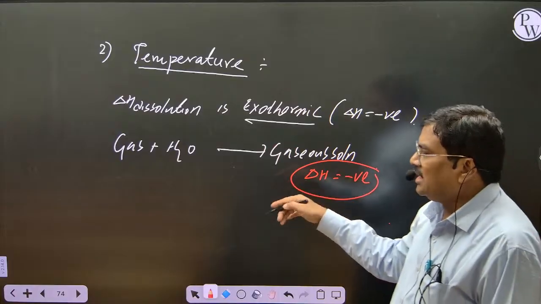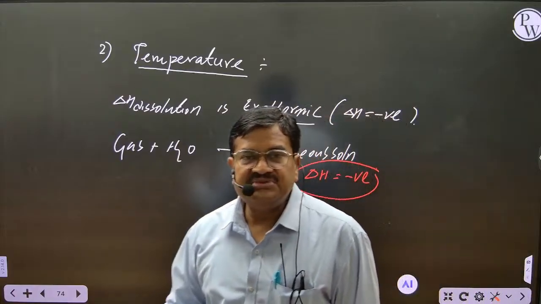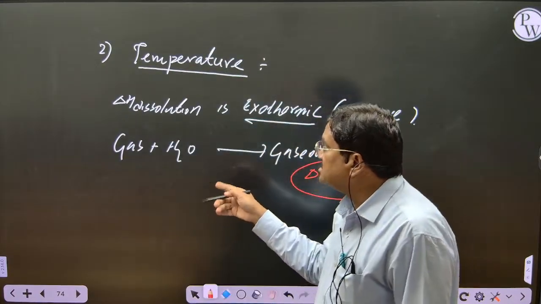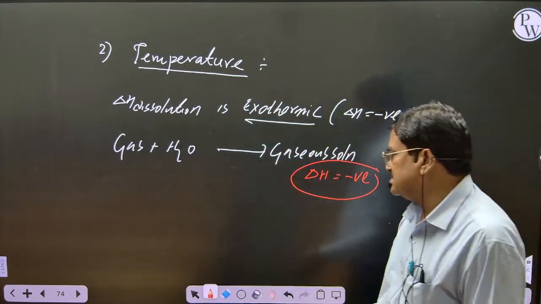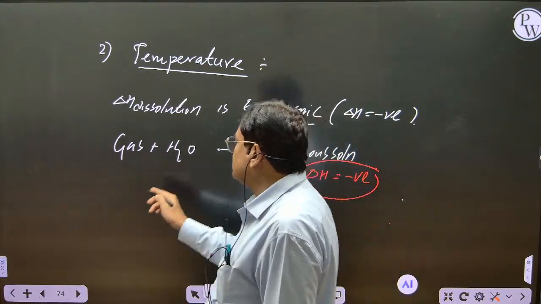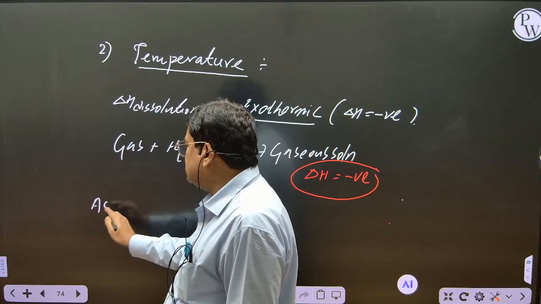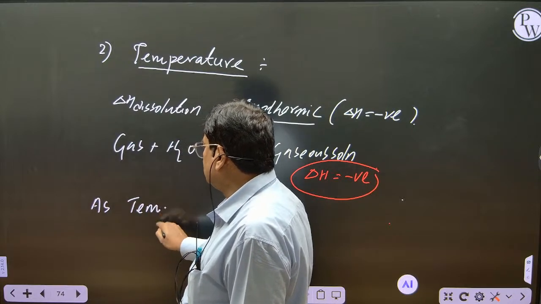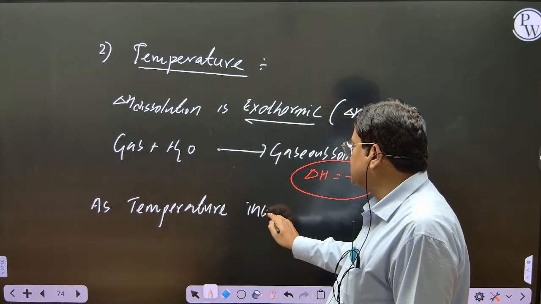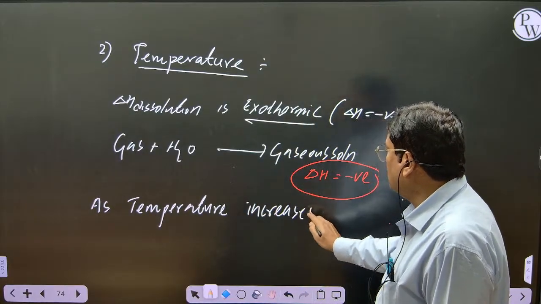So hence what happens to solubility of gas with increase in temperature, they ask in exam. With increase in temperature, solubility of the gas decreases. Here, as dissolution is exothermic, as temperature increases, what happens to solubility of gas in liquid?